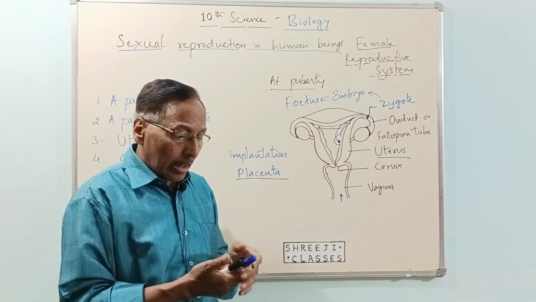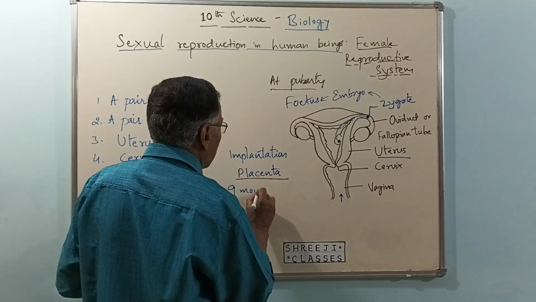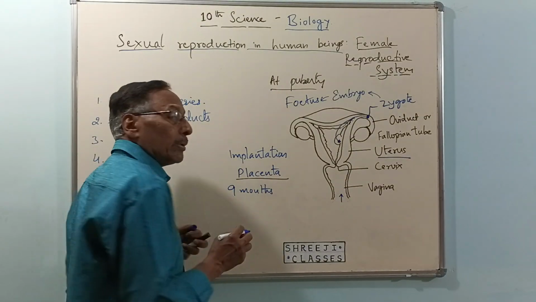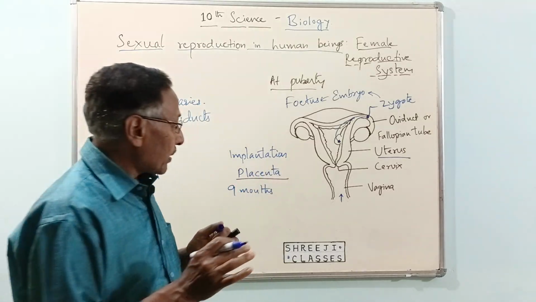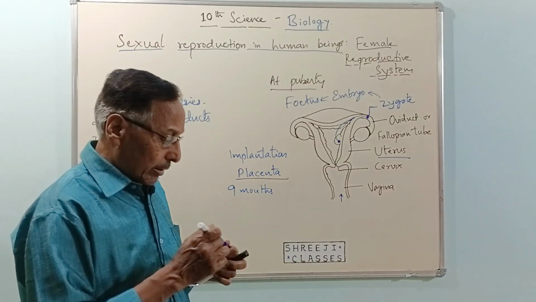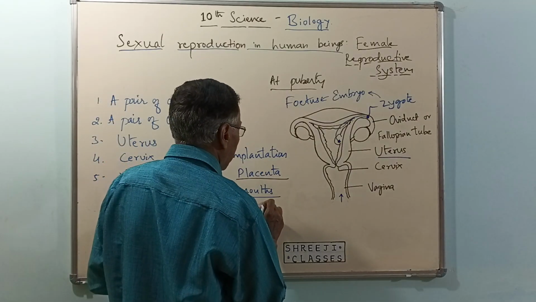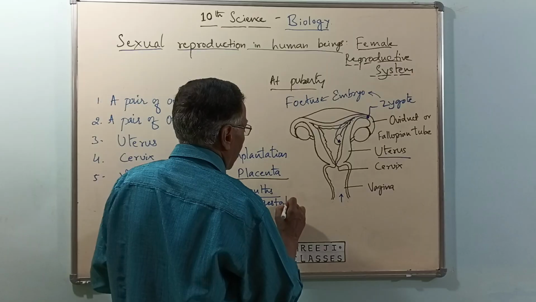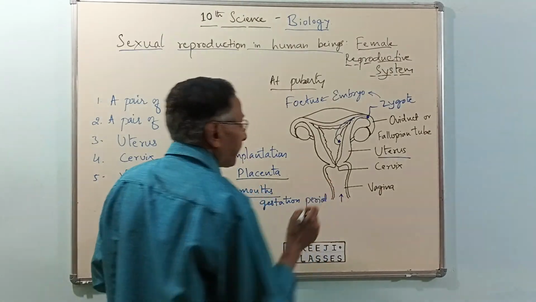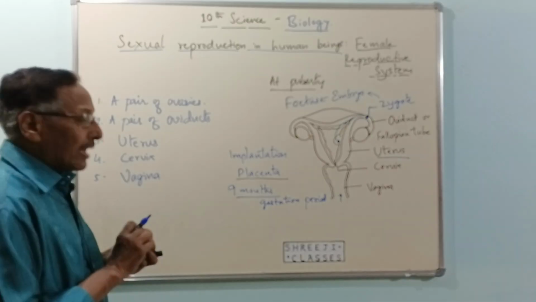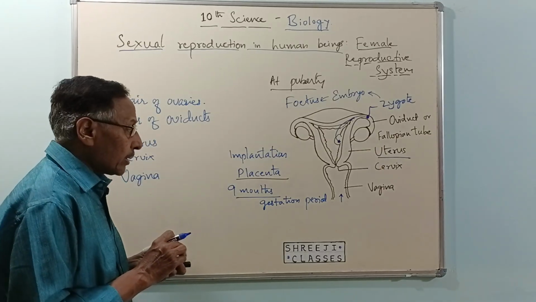Now, it takes approximately 9 months to develop into a child. This period of development is called the gestation period. 9 months, or approximately you can say 38 to 40 weeks, right?